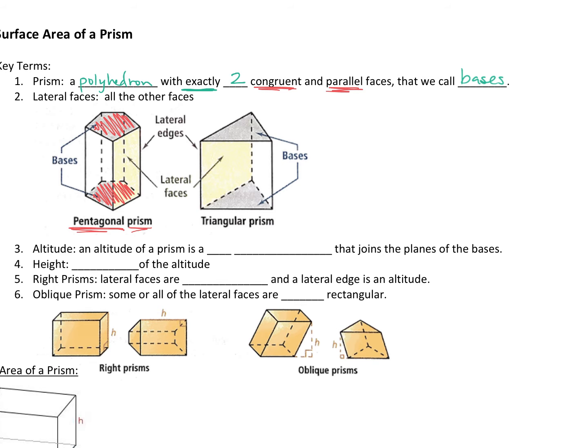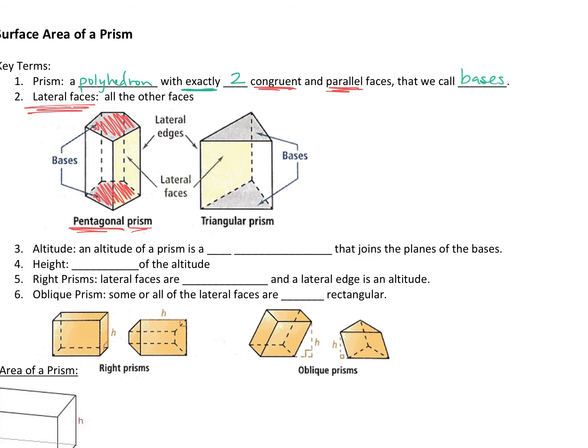It's pentagon bases. What shape are all of the other faces? Rectangles, okay? In a prism, all of your other faces are going to be rectangles. So your lateral faces, in other words, not your bases, would be every other face that you see there.